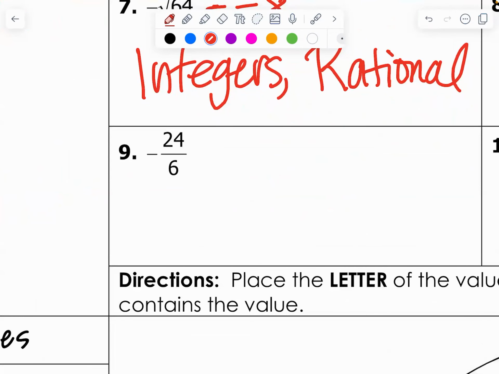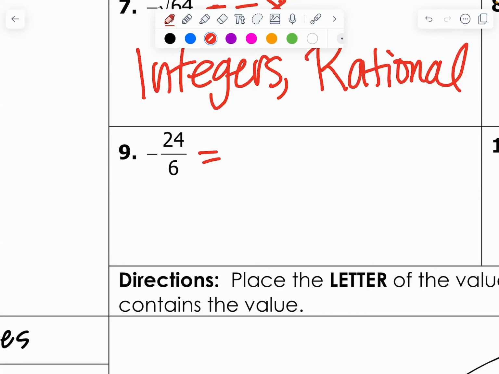-24/6. Fraction, rational, done, right? Can -24/6 be rewritten? What's 24 divided by 6? 4.